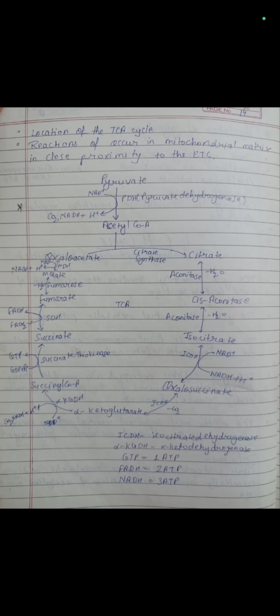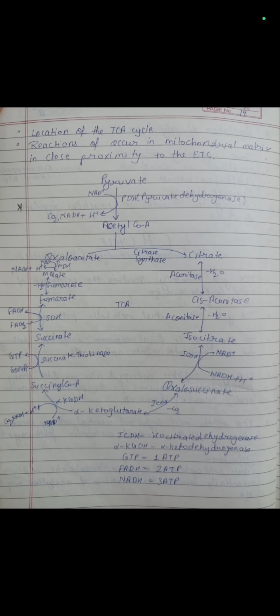Then alpha ketoglutarate is converted into succinyl CoA in presence of alpha ketoglutarate dehydrogenase enzyme, and here NAD plus is also converted into carbon dioxide, NADH and H plus ion.